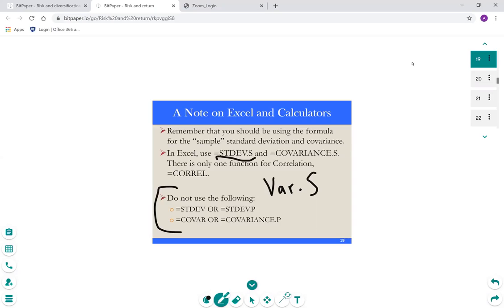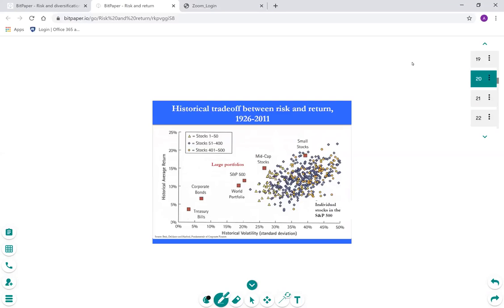But if you are estimating the returns using the data that you have, then you lose the degree of freedom and you have to divide by t-1 rather than t, and that's what this var.s function will do. It'll automatically account for the loss in the degree of freedom.